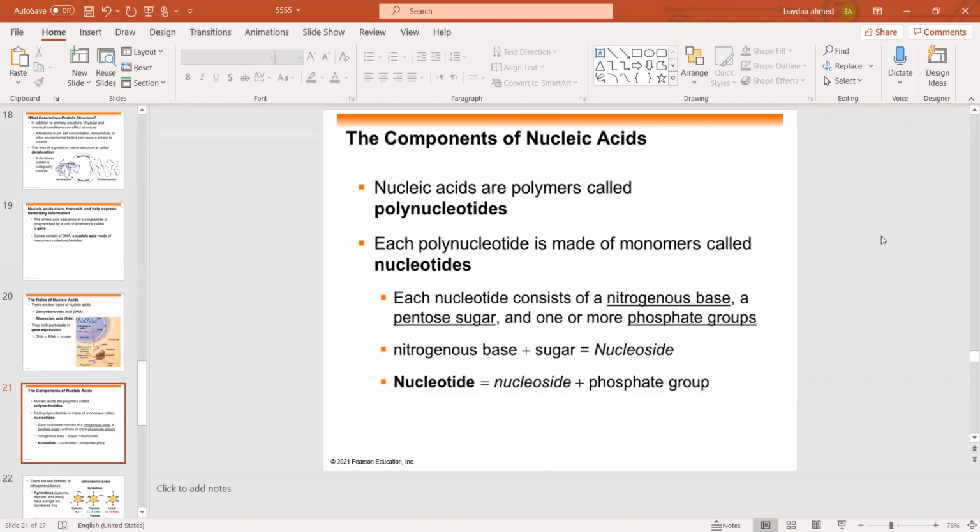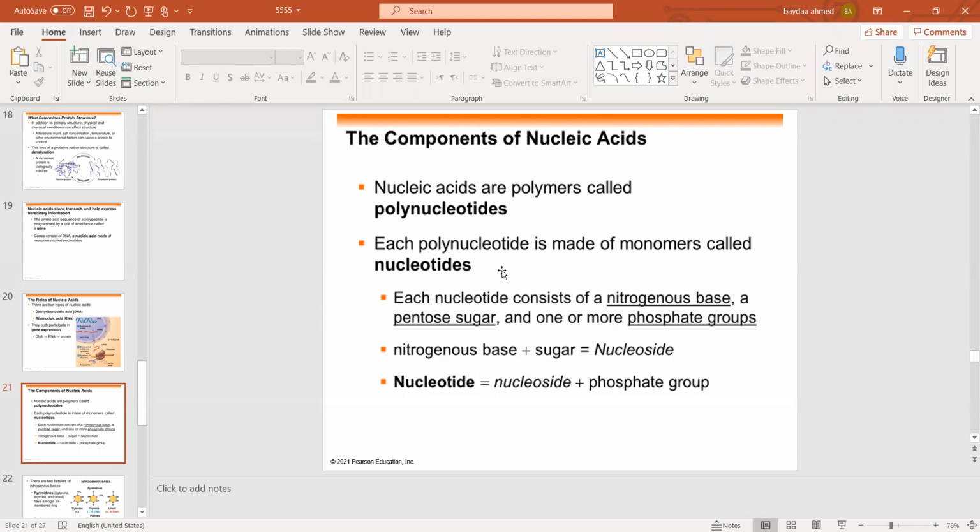Nucleic acids are macromolecules that exist as polymers, called polynucleotides. As indicated by their name, each polynucleotide consists of monomers, and these monomers are called nucleotides.